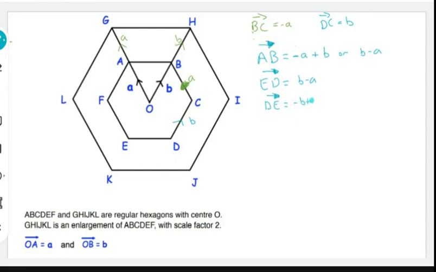Yeah, minus B plus A or A minus B, however you want to say it. Good stuff. Okay, let's take this a little bit further. So we know, in fact, I'm not even going to say anything. What is K to L going to be?